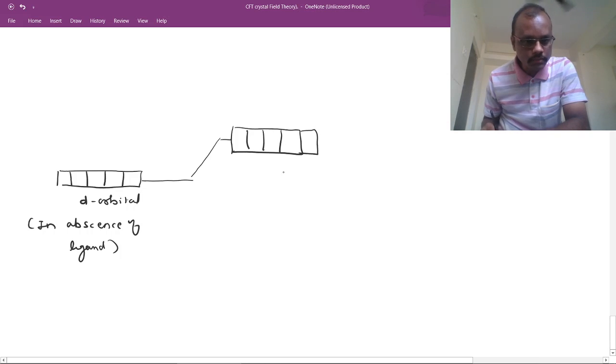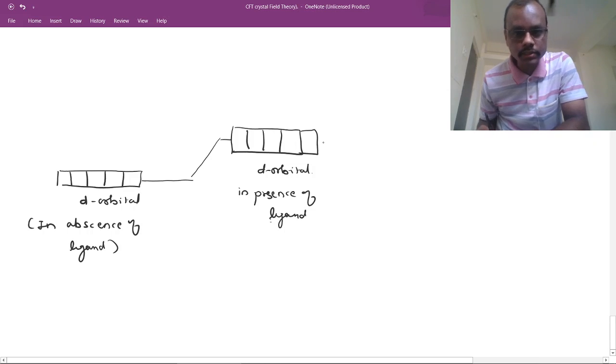This is my d orbital in the presence of ligand. But the orbitals directed along the axis are repelled to a greater extent, and that's why their energy is a little higher.